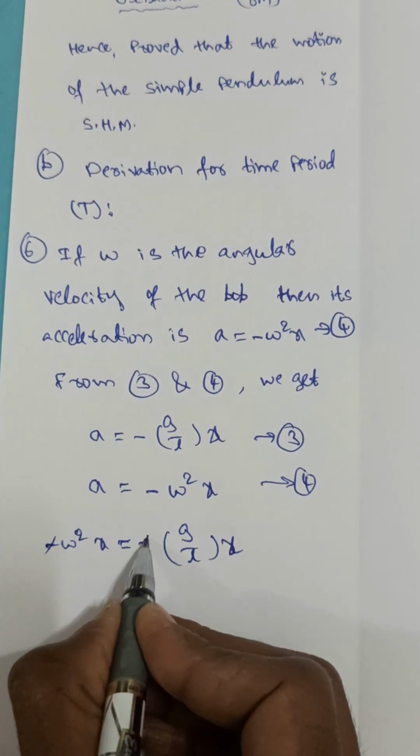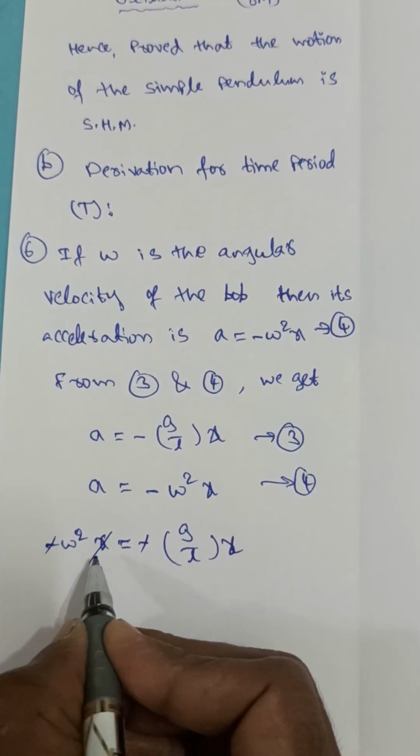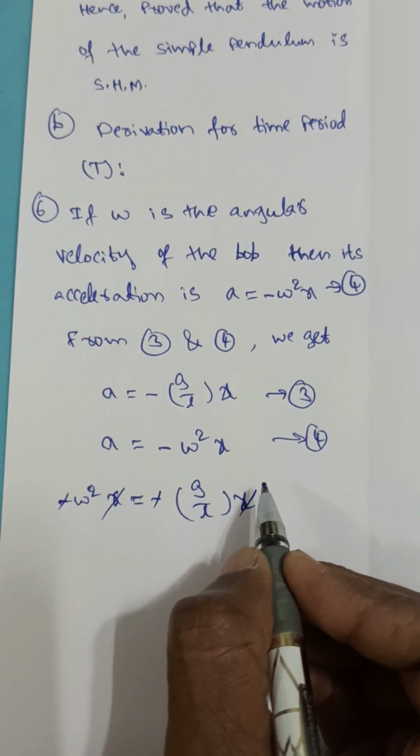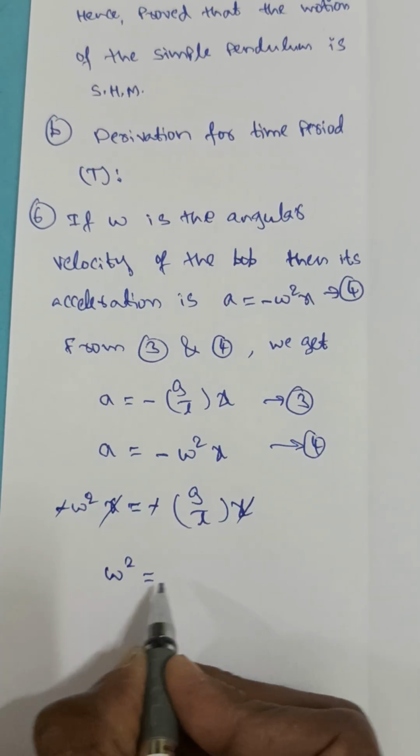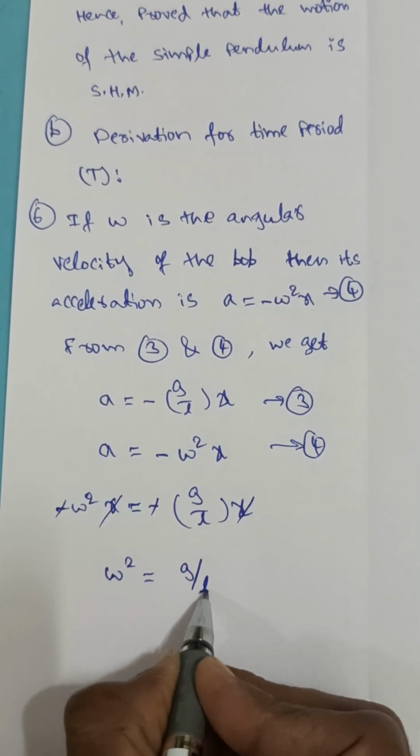So minus minus cancel, x left and right side cancel, remaining omega square is equal to g by L.